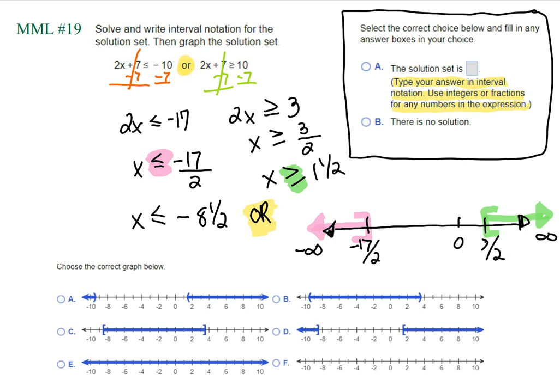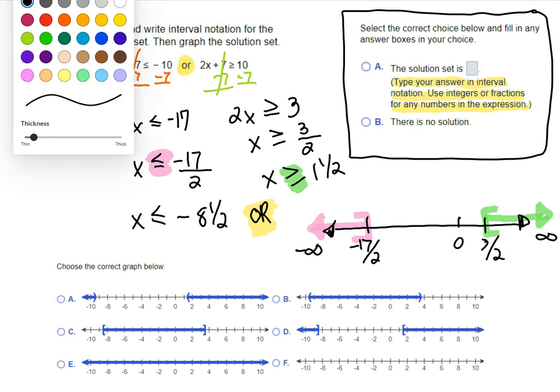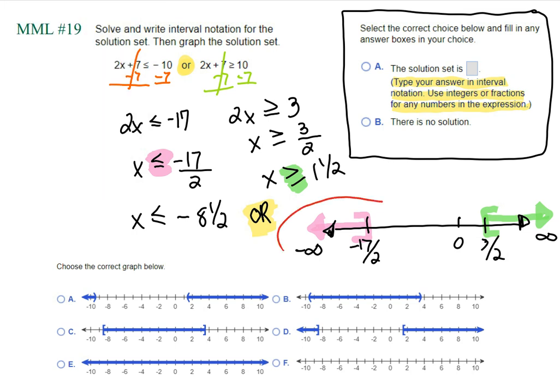And when I look at this, I can see the intervals. And I wrote the negative infinity and the positive infinity down for a reason. Let me pick a different color here. How about red? I can see the interval right here. It's going to be parenthesis, negative infinity, comma, negative 17 halves, and a bracket.